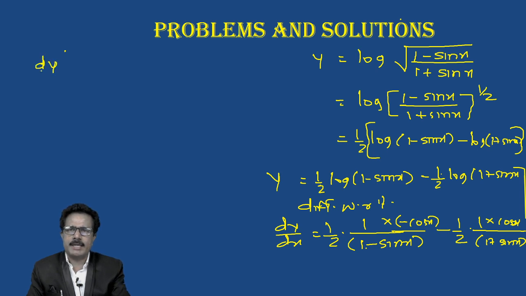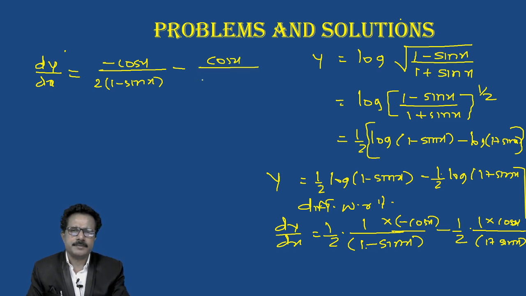Therefore, dy by dx equals minus cos x divided by 2 into 1 minus sin x, minus cos x divided by 2 into 1 plus sin x.